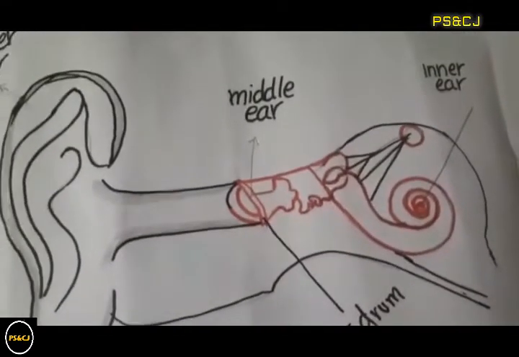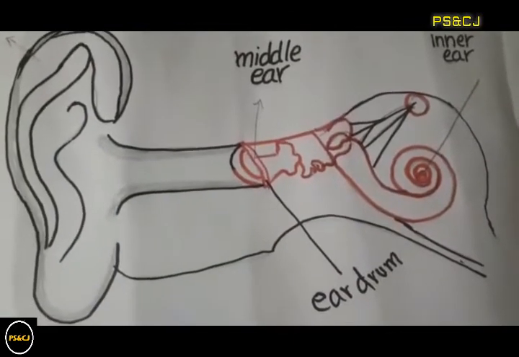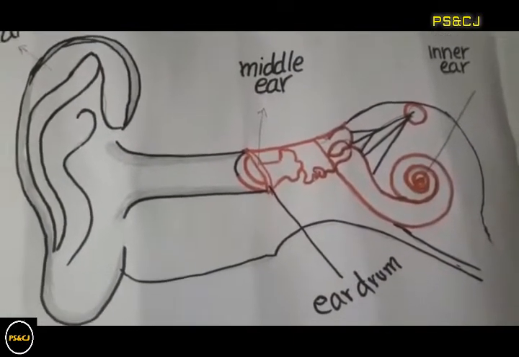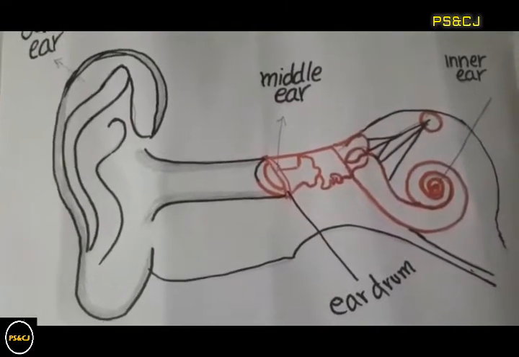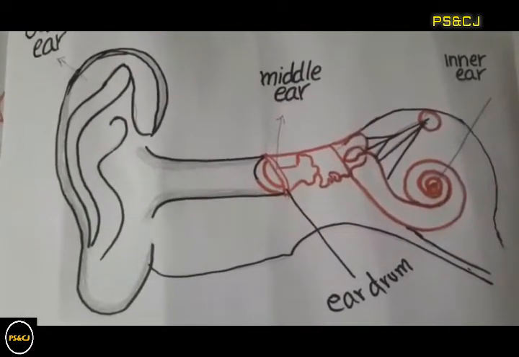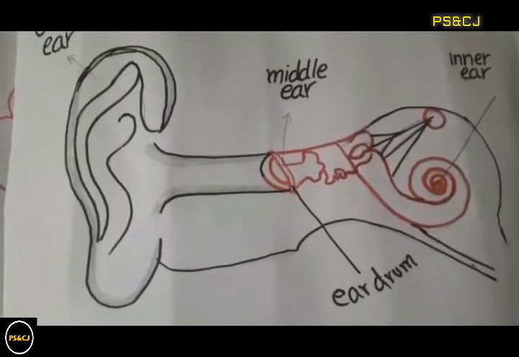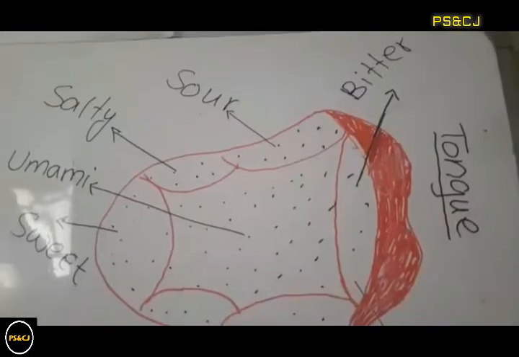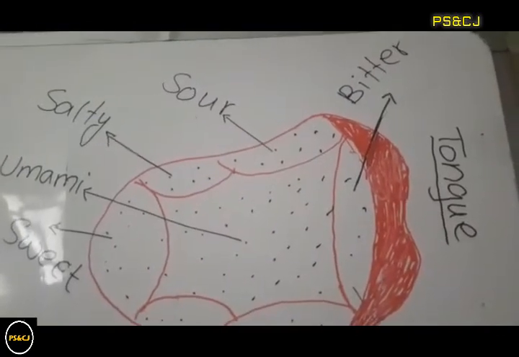These vibrations pass into the inner ear. And inside the inner ear, there are many nerve endings which carry the message to the brain about what we are hearing. Next one is tongue.